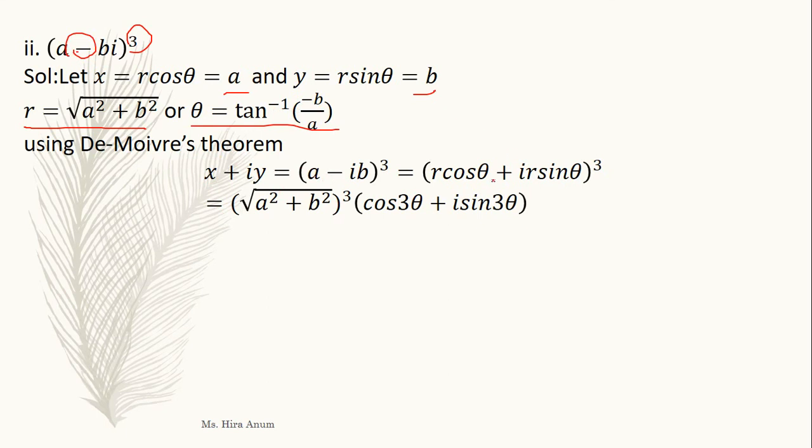The r value is put here, and r is multiplied with this. Here I am only putting theta, because this is not a number but a value. You can also put it in brackets. You can put tan inverse minus b over a, or tan inverse b over a in brackets, or write it this way.